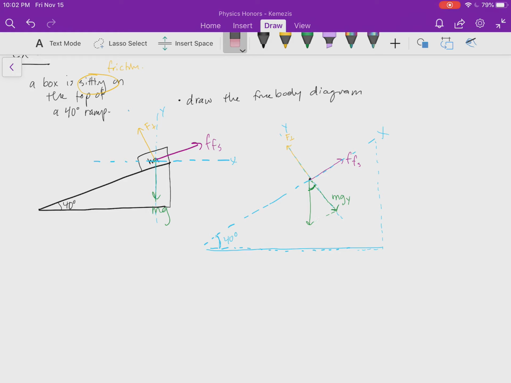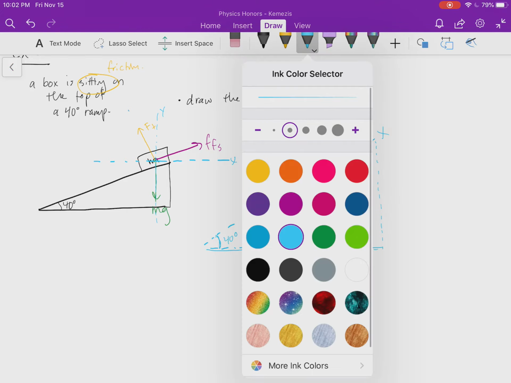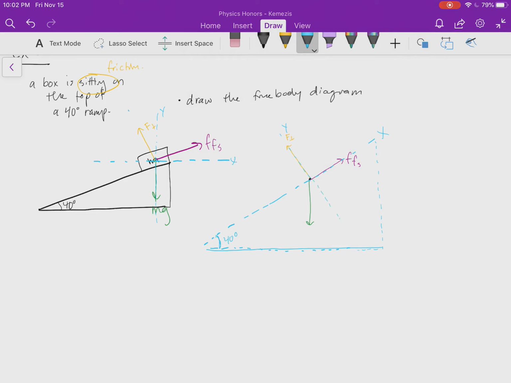So what we can do to show this proof, I'll get rid of the components real quick. Right, there's our y component, or that's our y-axis.